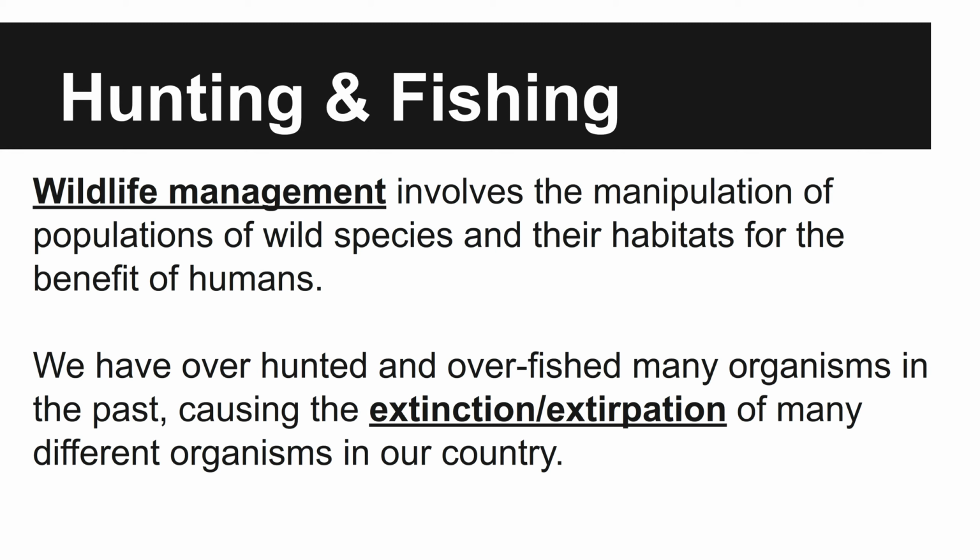Hunting and fishing. Wildlife management involves the manipulation of populations of wild species and their habitat for the benefit of humans. We've hunted and overfished many organisms in the past, with no real limits. Now, especially if you hunt or fish, you have to get a license.